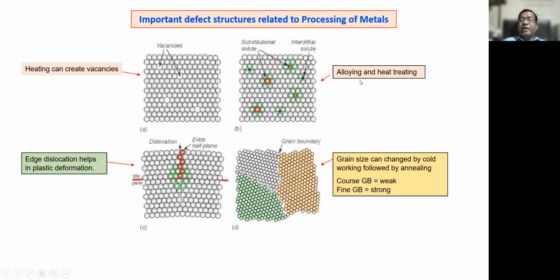If we are adding chromium to iron, it can take a regular site, so it is a substitutional solute.